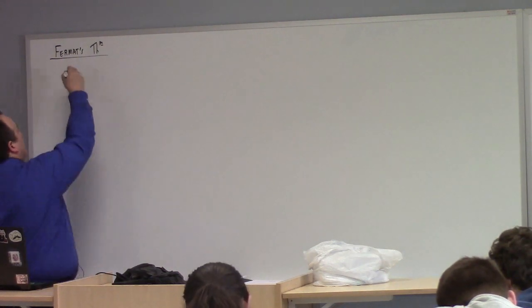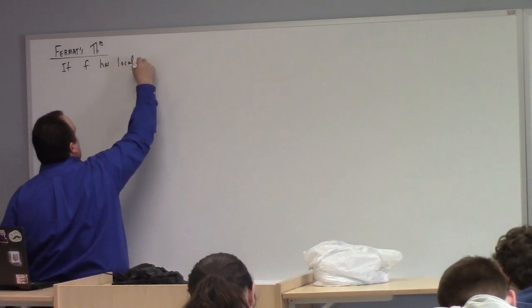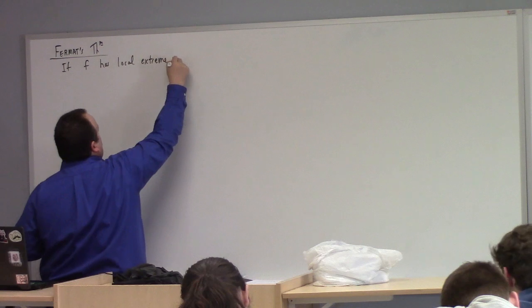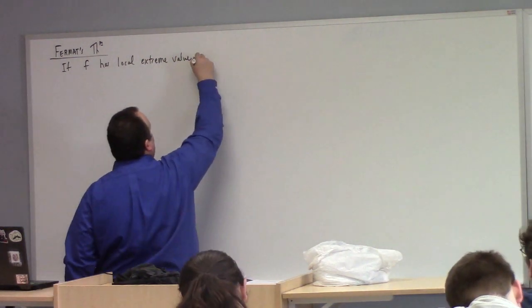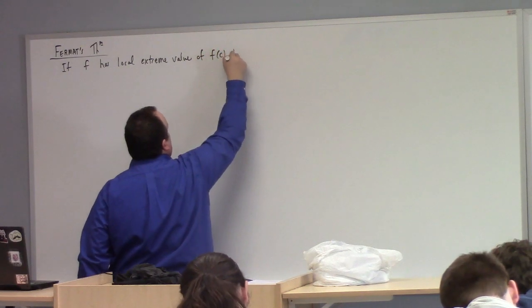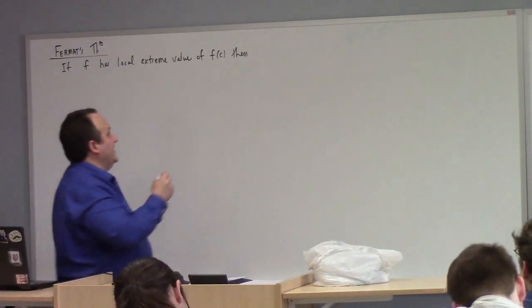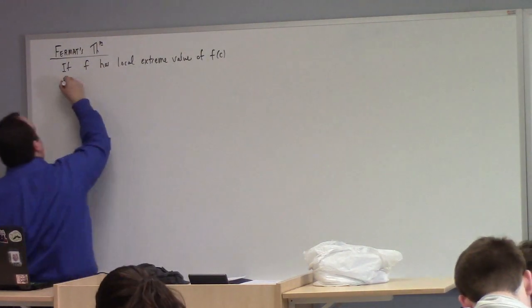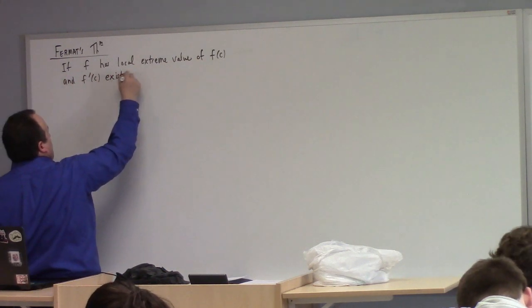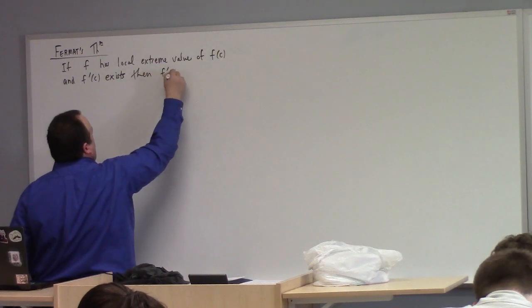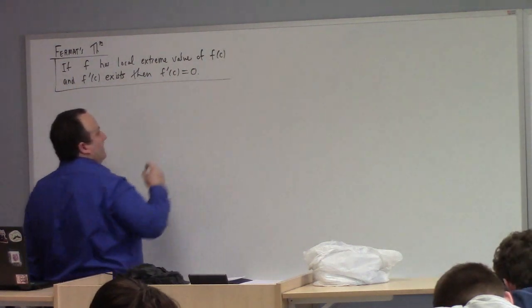It says if f has a local extreme value of f of c, and f prime of c exists, then f prime of c is equal to 0. Right?